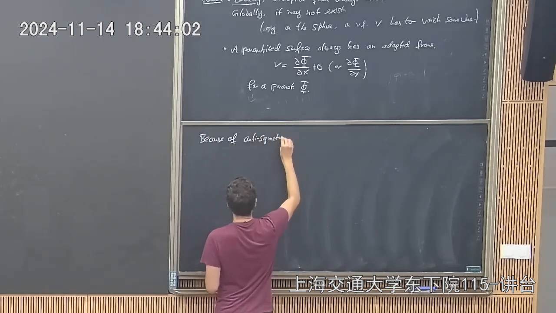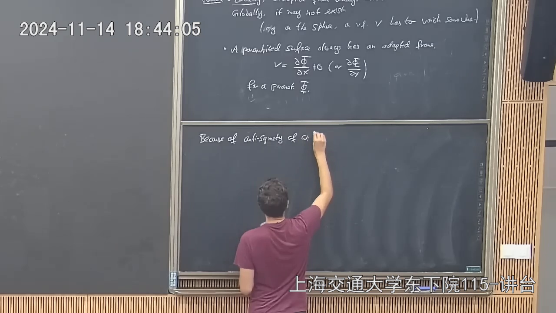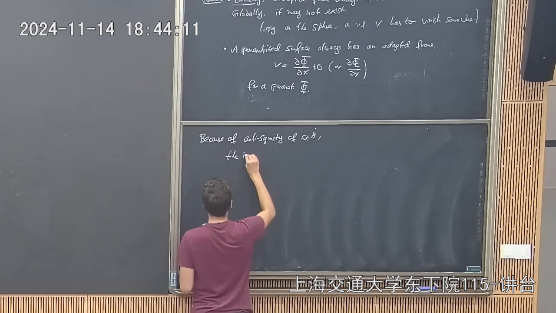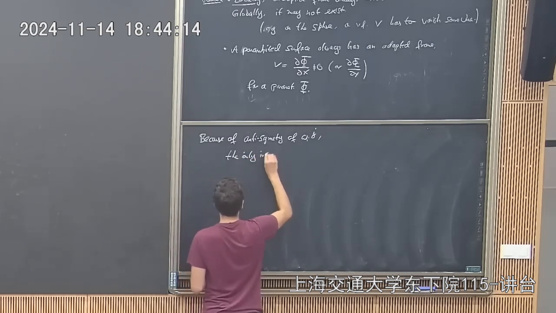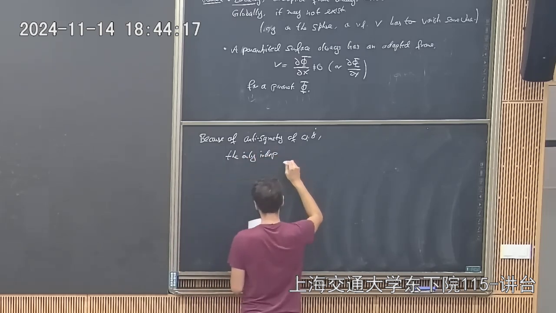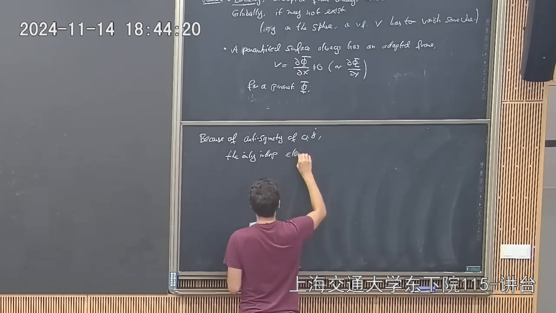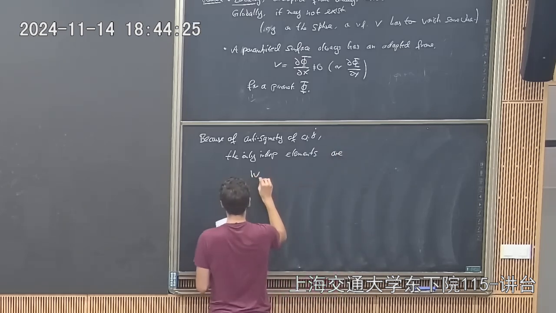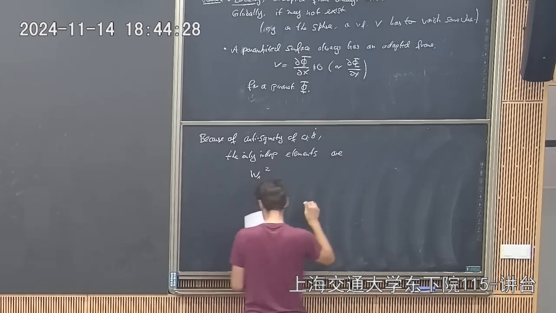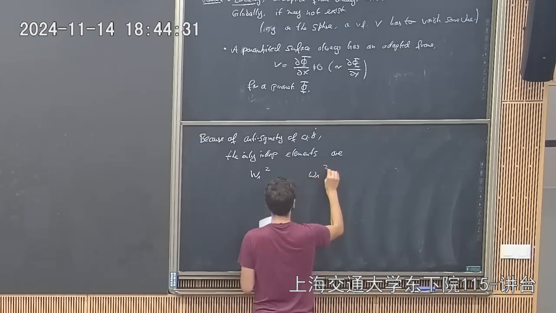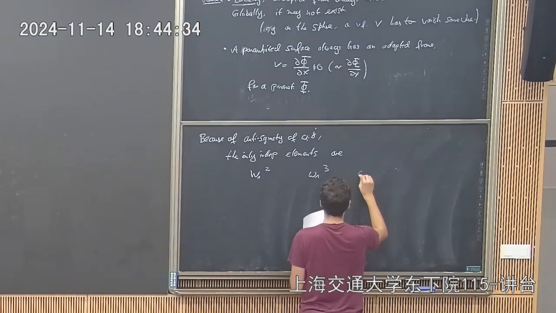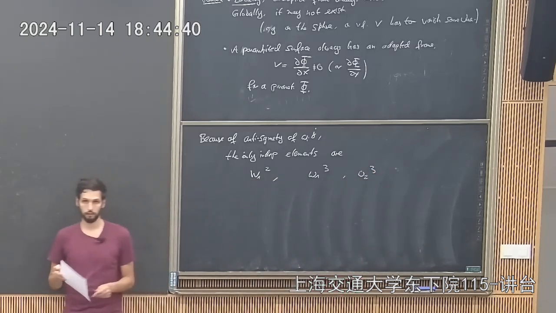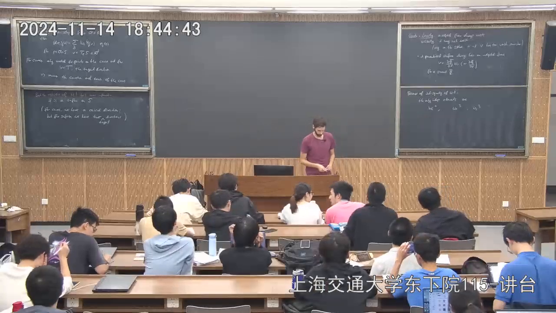Antisymmetry of the omega ij connection forms: the only independent elements are omega 1, 2, omega 1, 3, and omega 2, 3. These are the only connection forms which are independent.